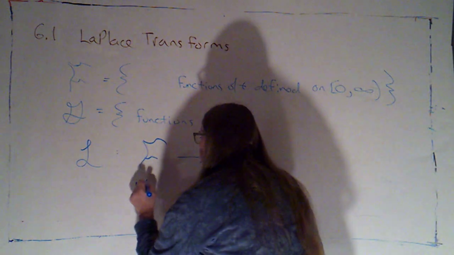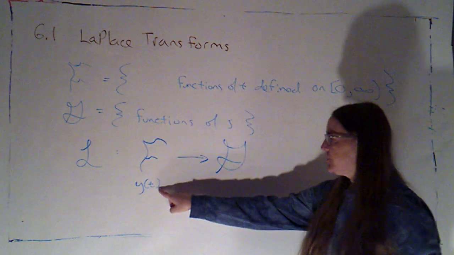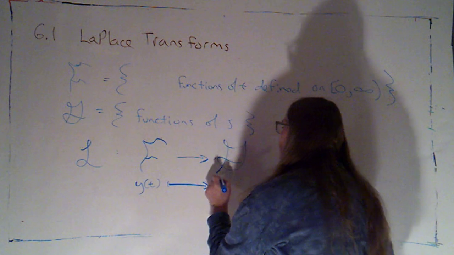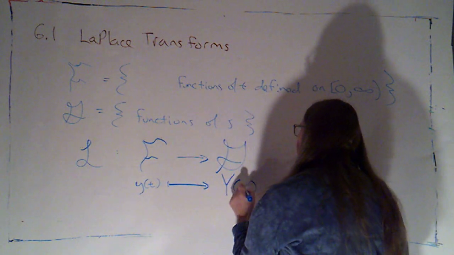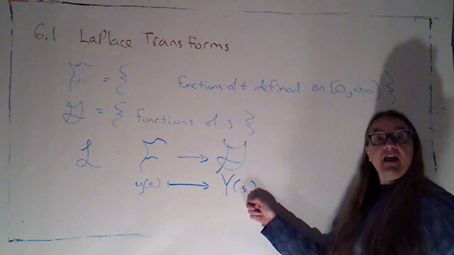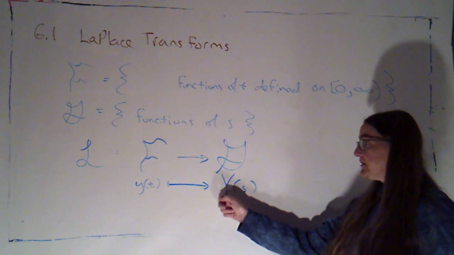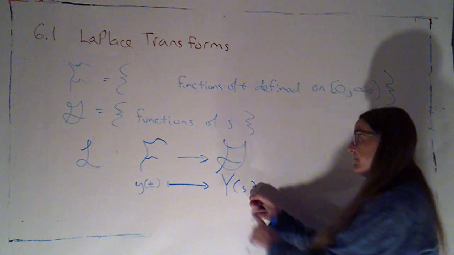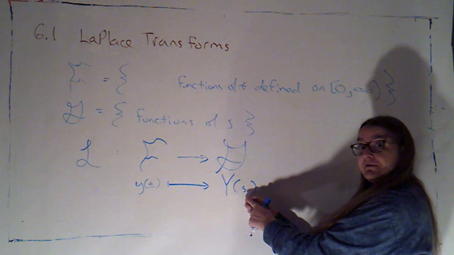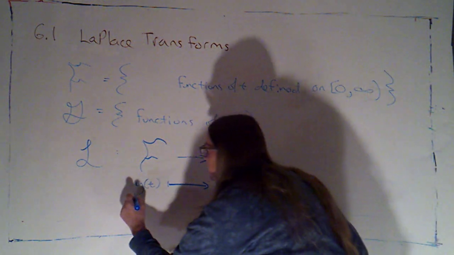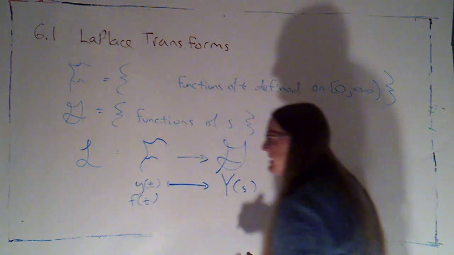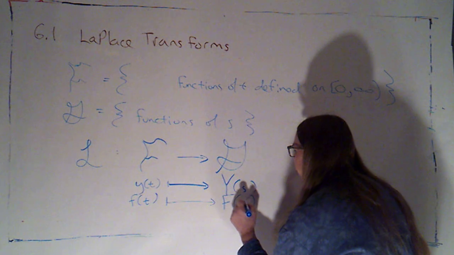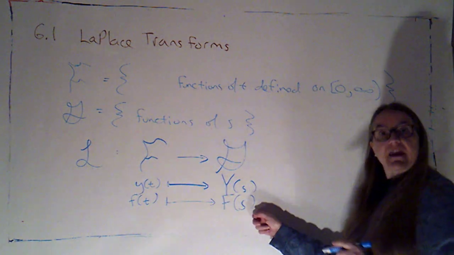Generally the notation is, if I call my function of t y of t using a little y, I would say the Laplace transform of it is capital Y of s. So I use capital letters for the associated function that's a Laplace transform, and very important, it's a function of a different variable, s. Similarly, if I were to write f of t, then when I took the Laplace transform, I would write capital F of s.